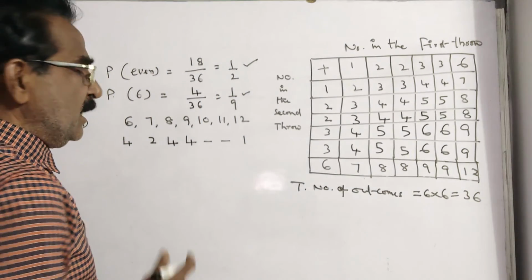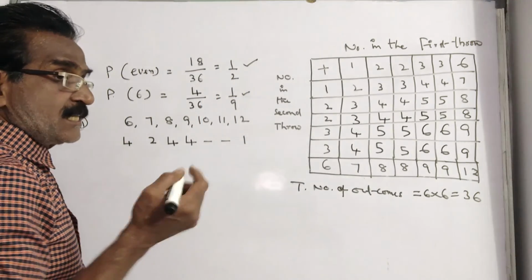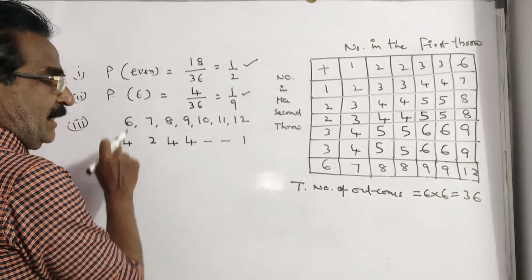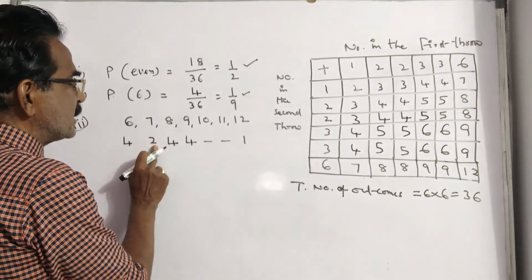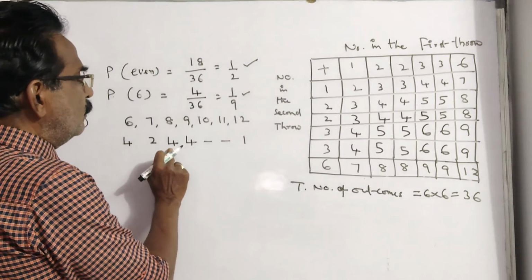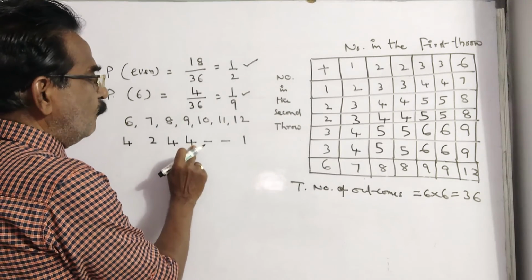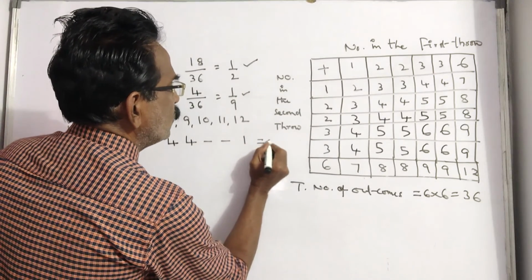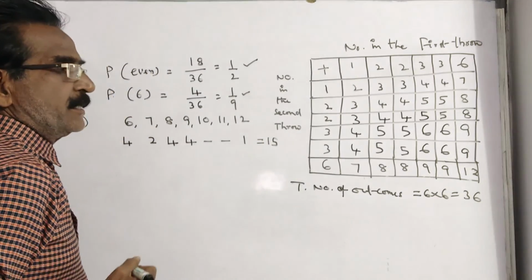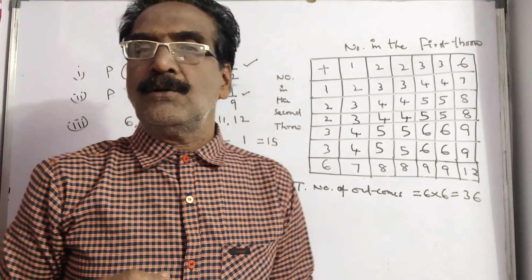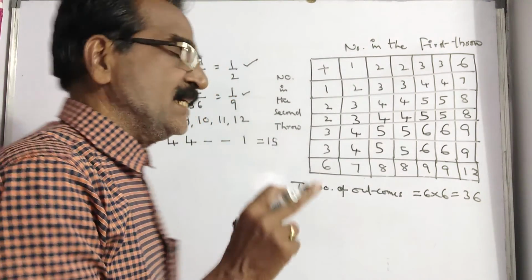So total outcomes where the sum is at least 6: 4 plus 2, 6. 6 plus 4, 10. 10 plus 4, 14. 14 plus 1, 15. So a total of 15 outcomes. In 15 outcomes, we have the sum at least 6.